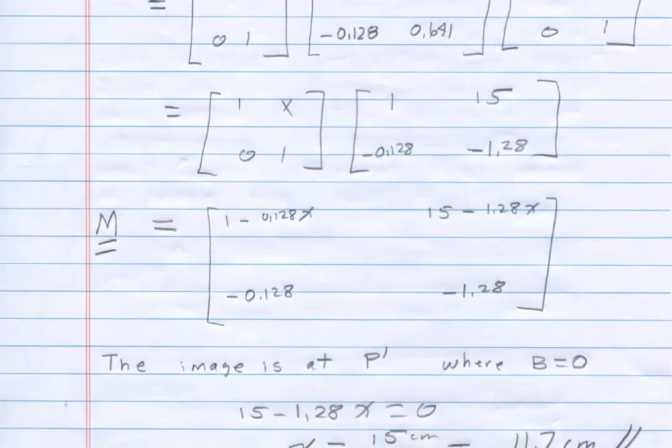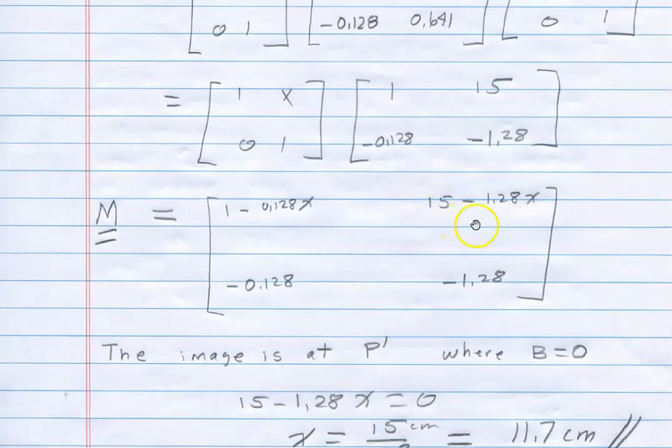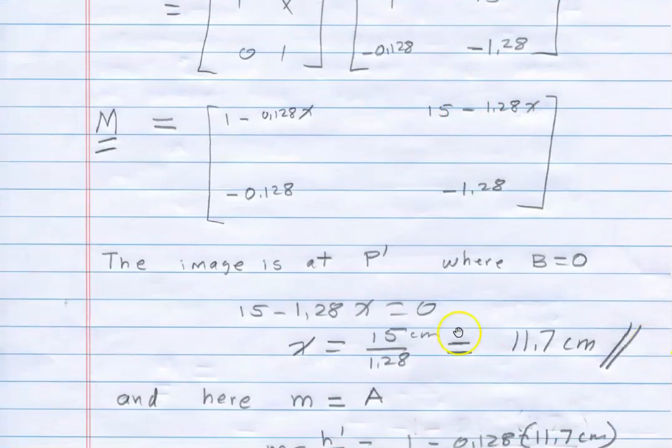So to locate the image, I have to have the right x so that this term vanishes. So 15 minus 1.28x. Solve that, I get 11.7 centimeters as x.